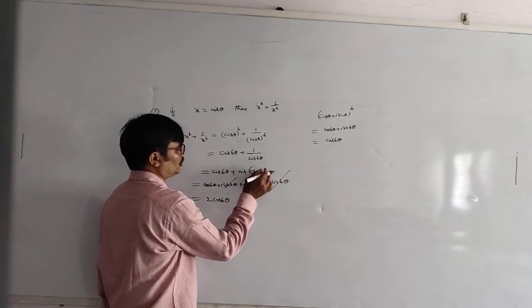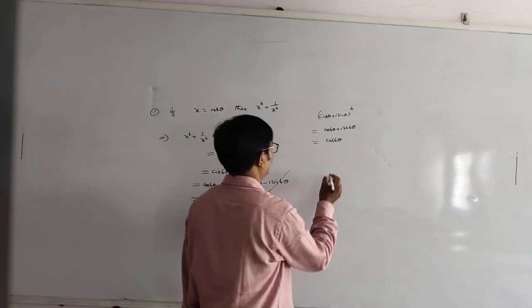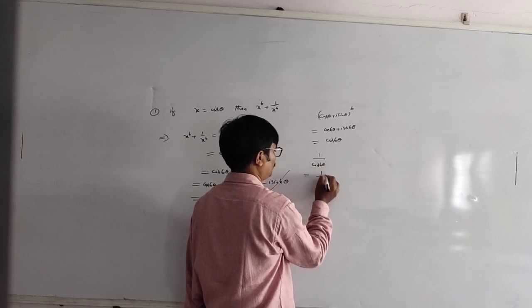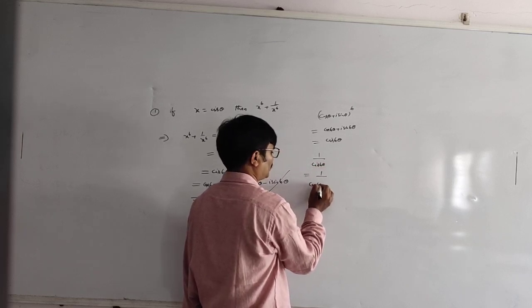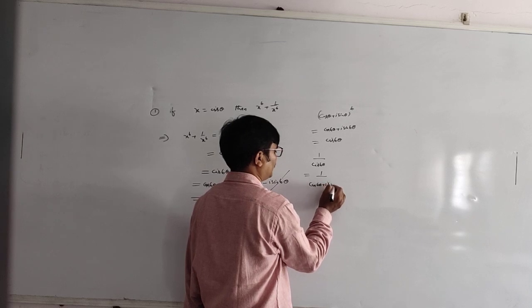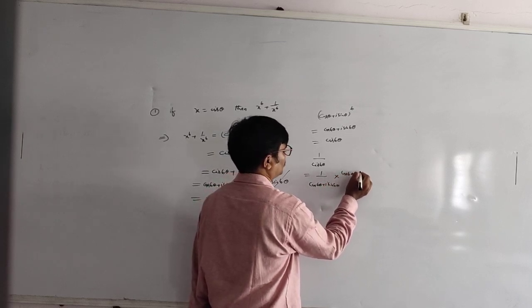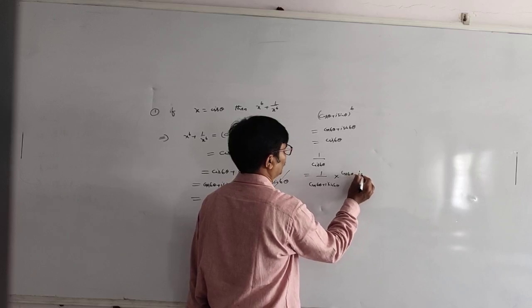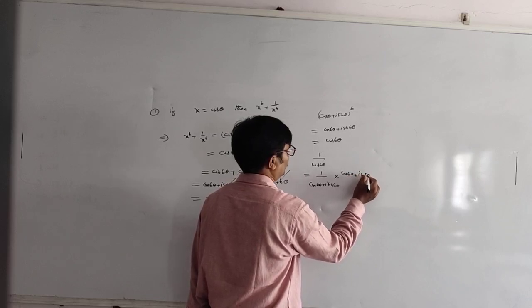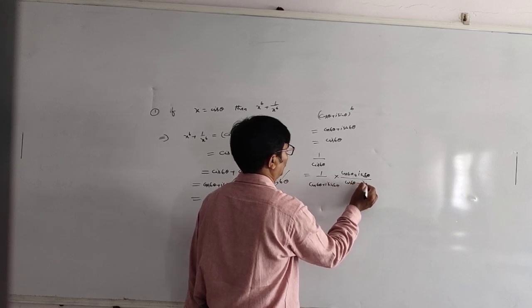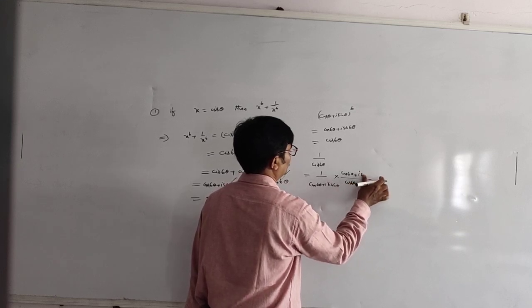Suppose you don't know this, you can simply write it as cis of 6 theta. Just remove it: cos 6 theta plus i sin 6 theta. After rationalization, it is cos 6 theta minus i sin 6 theta over cos 6 theta minus i sin 6 theta.